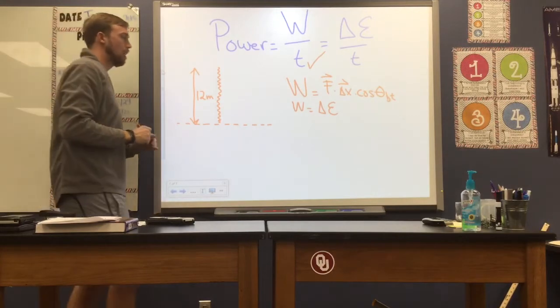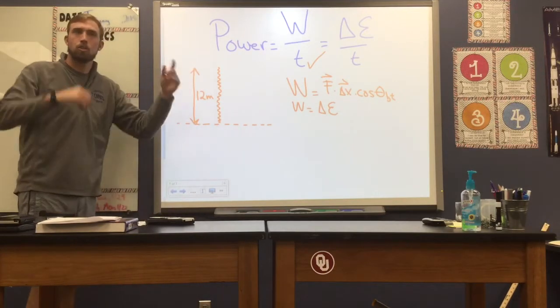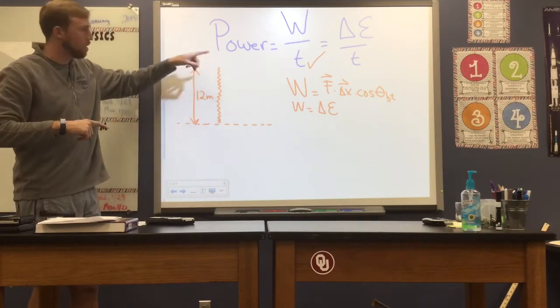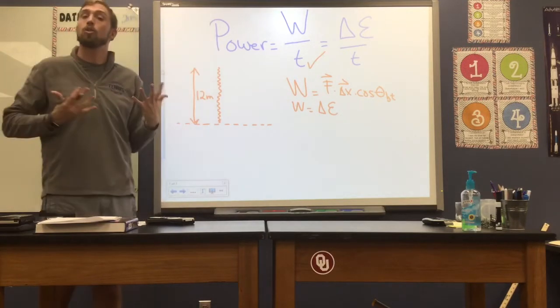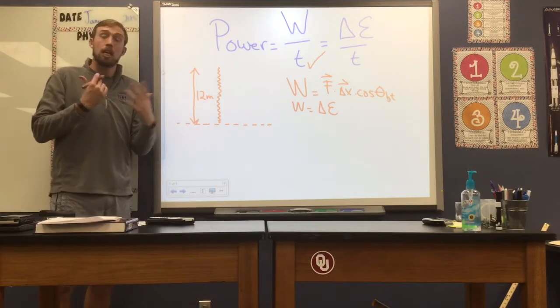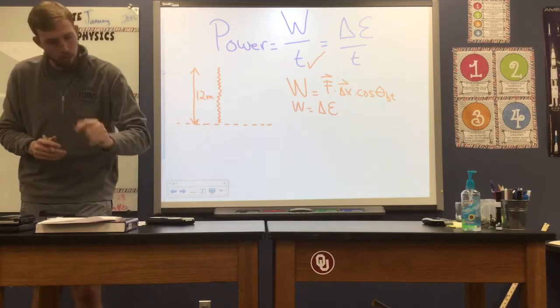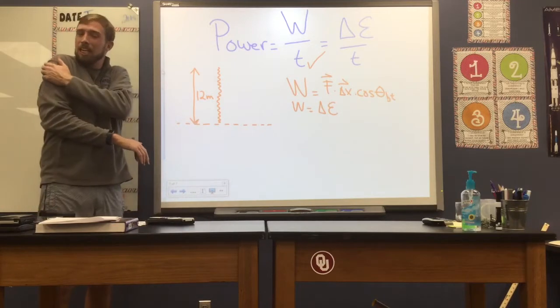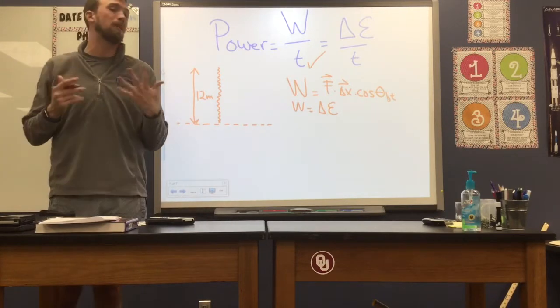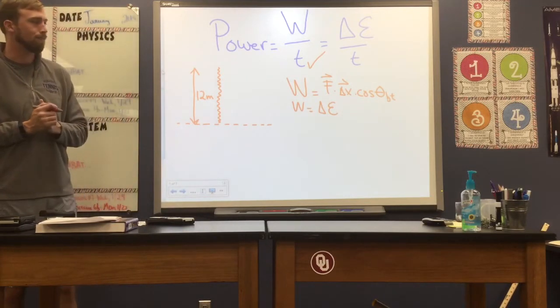In this scenario, something is changing as we go from the ground up the rope. Obviously, our position is changing, so potential energy due to gravity is the energy that changes. And we're also told that we're going at a constant speed, so kinetic energy isn't going to change here. It's really potential energy due to gravity.